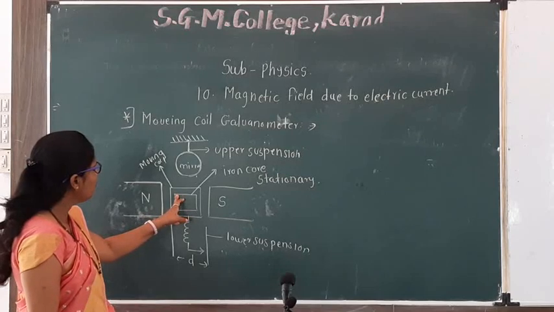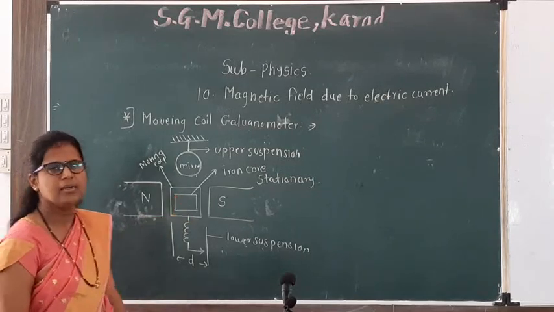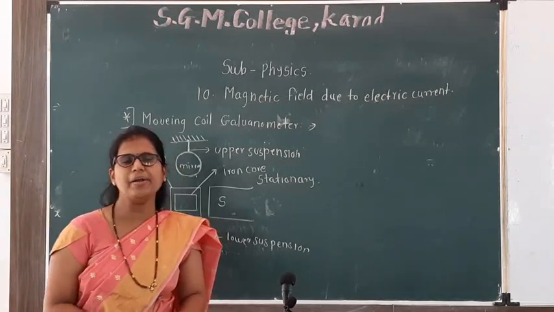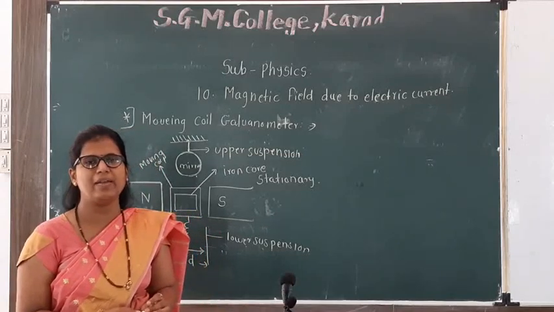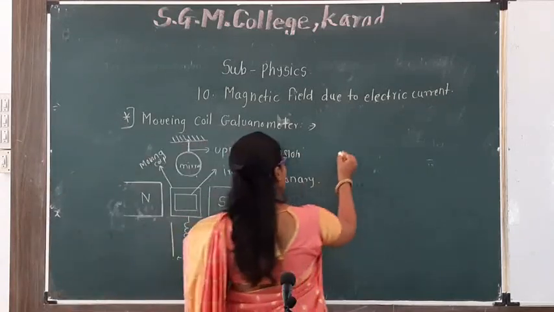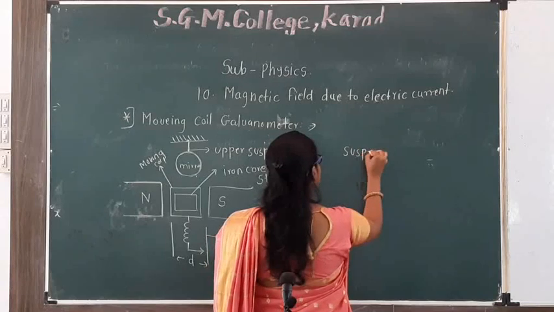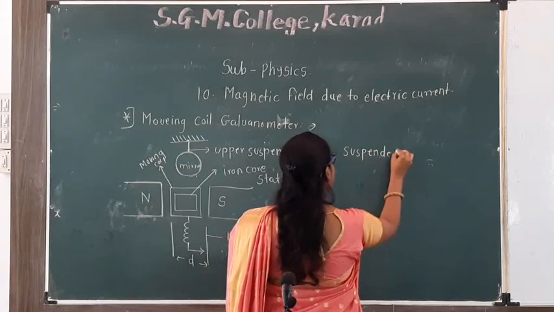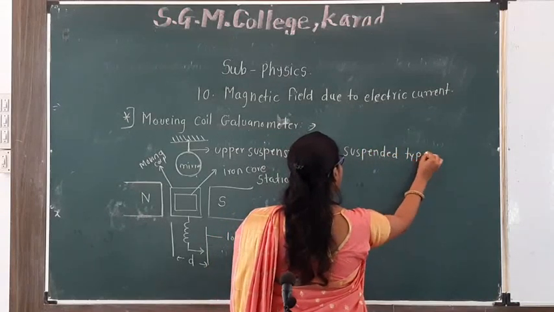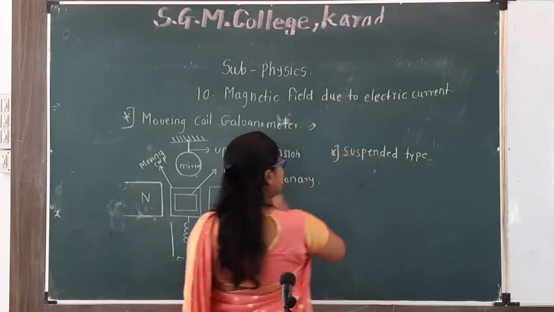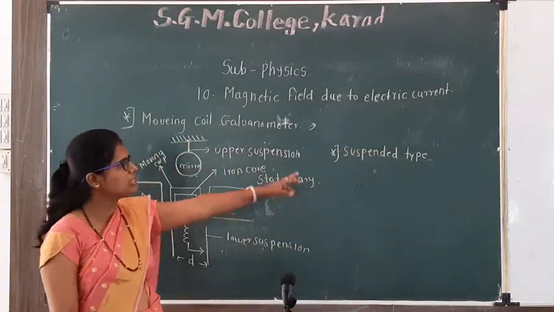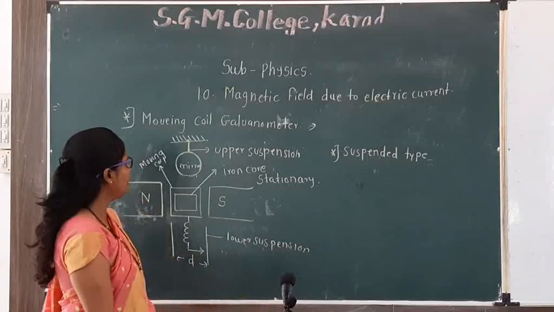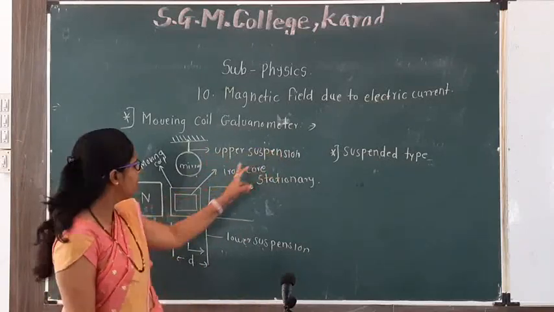This moving coil is of the suspended or pivoted type. Which type of moving coil galvanometer? The suspended type of moving coil galvanometer.